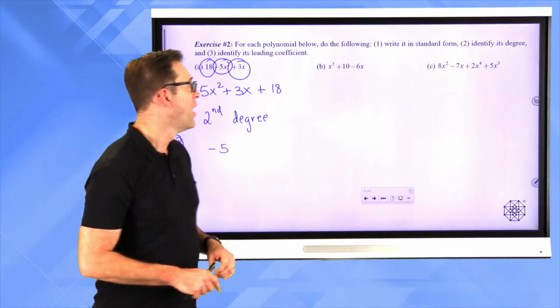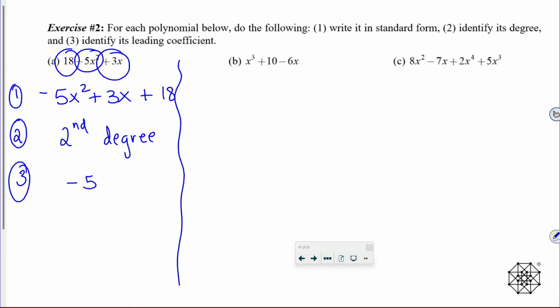So letter B, I've got x cubed plus 10 minus 6x. All right, so number 1, the highest powered term is just sitting there. So it's x cubed. Then I can do minus 6x plus 10. I don't have to put an x squared term in. If you really wanted to put in 0x squared, you could, but the important part is to write it in decreasing order of exponents.